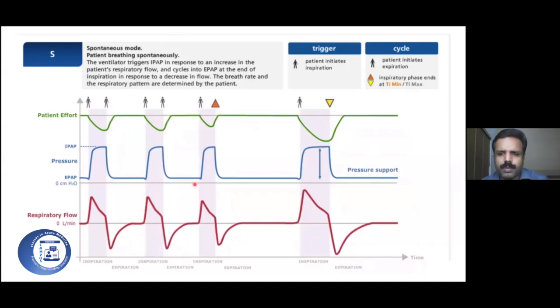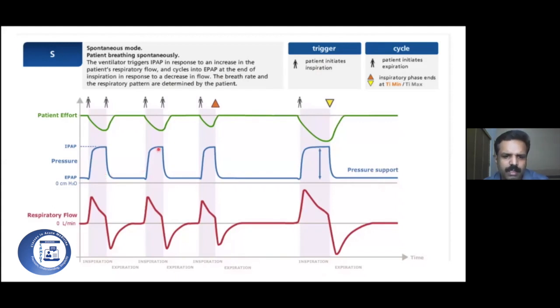Now coming to the spontaneous mode. Here in spontaneous mode, we will be setting both EPAP and IPAP. The difference between EPAP and IPAP will give you the tidal volume. Here the patient initiates the inspiration. The difference between these two generates the pressure difference and the tidal volume.